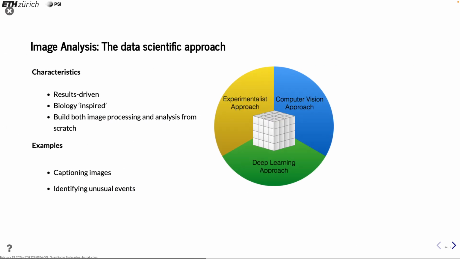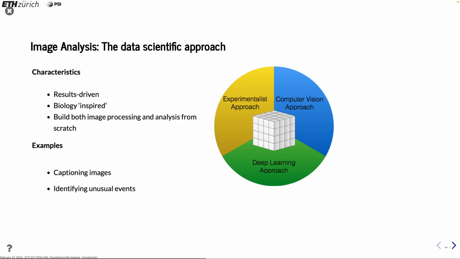And then we have the data scientific approach, which is more result-driven. In data science or in machine learning, AI, you usually have some training sets that you compare, and you want your data to be sorted into different categories depending on what the system has learned. So it's biology inspired. Many of these methods are based on the training concept, like the brain.